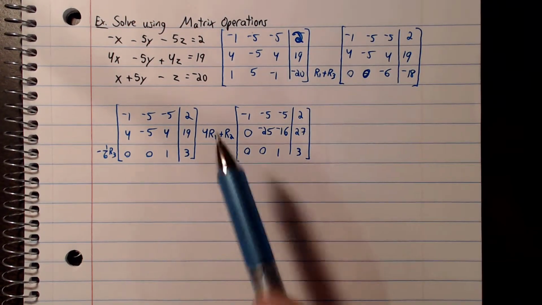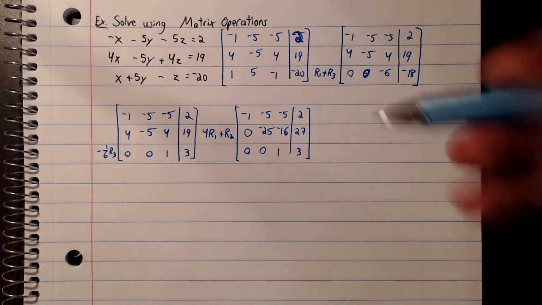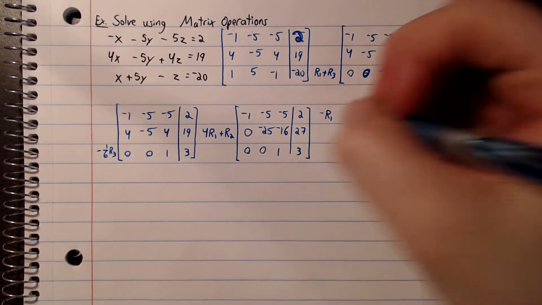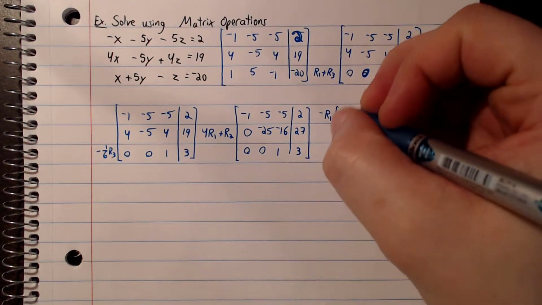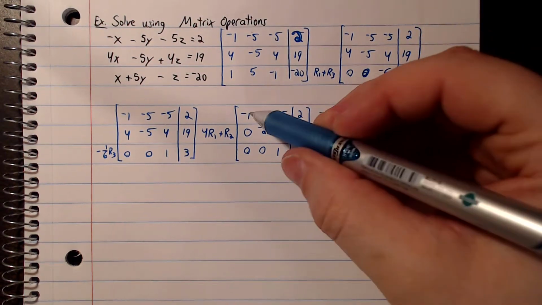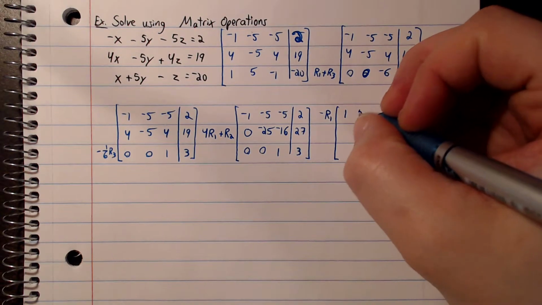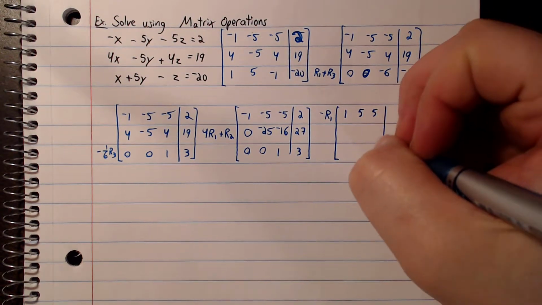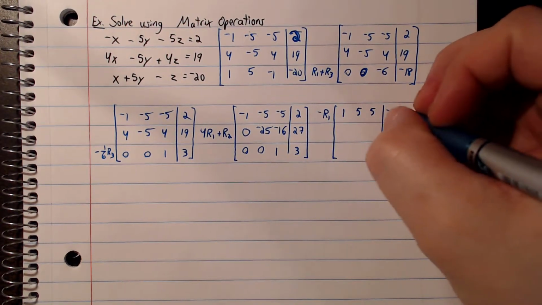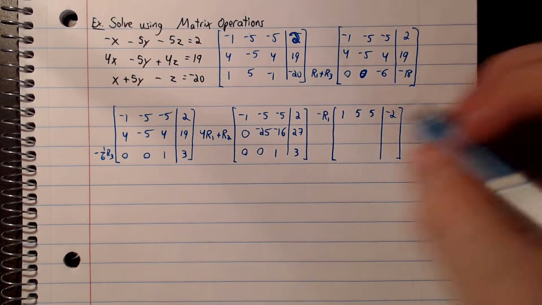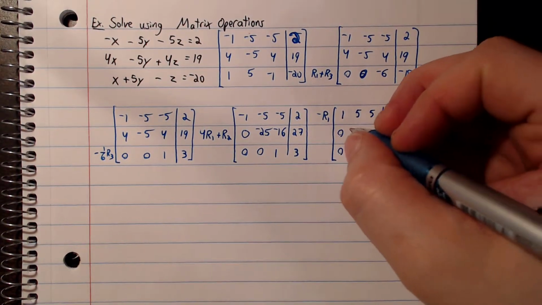I think this makes more sense. We want this 1 to become positive, so let's just take care of that right now. If we multiply by -1, that -1 becomes positive. Same thing with these -5s. They both become positive. And our +2 changes to -2. Haven't touched this stuff yet.